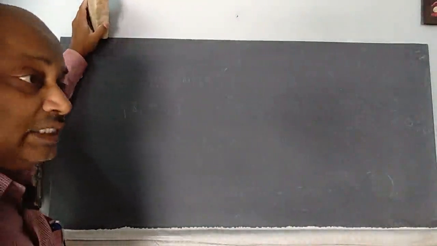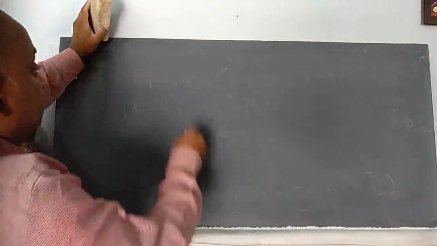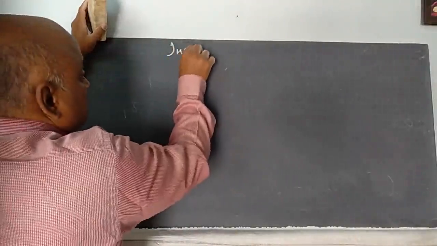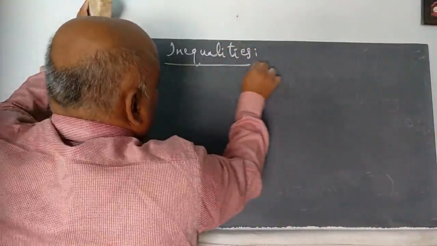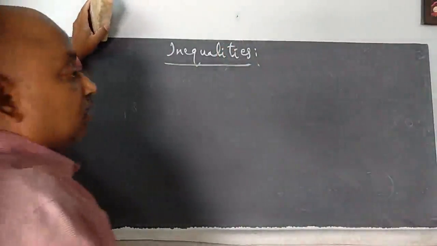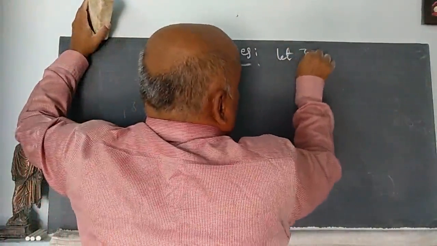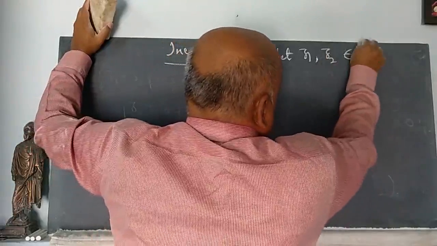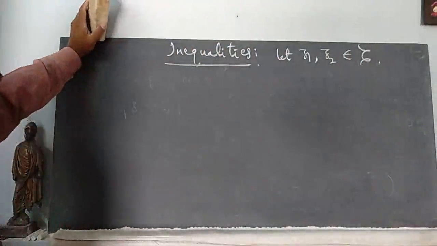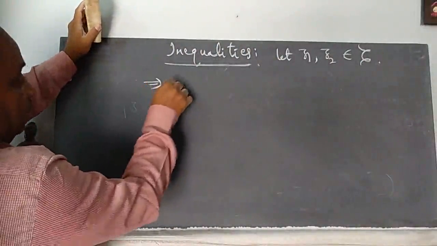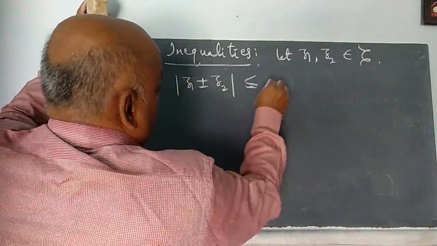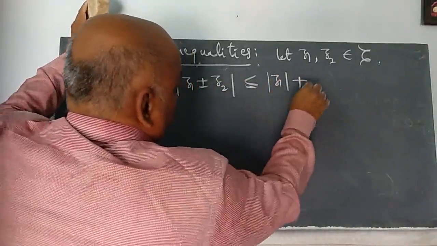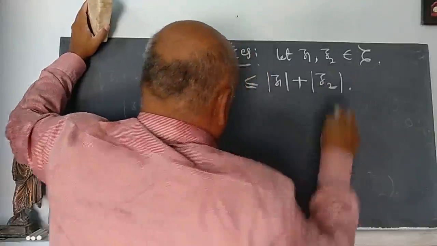Next, there are some inequalities defined over the concept of the modulus of z. So, inequalities. Let z1 comma z2 belong to the set of complex numbers. Then mod z1 plus or minus z2 is always less than or equal to mod z1 plus mod z2.